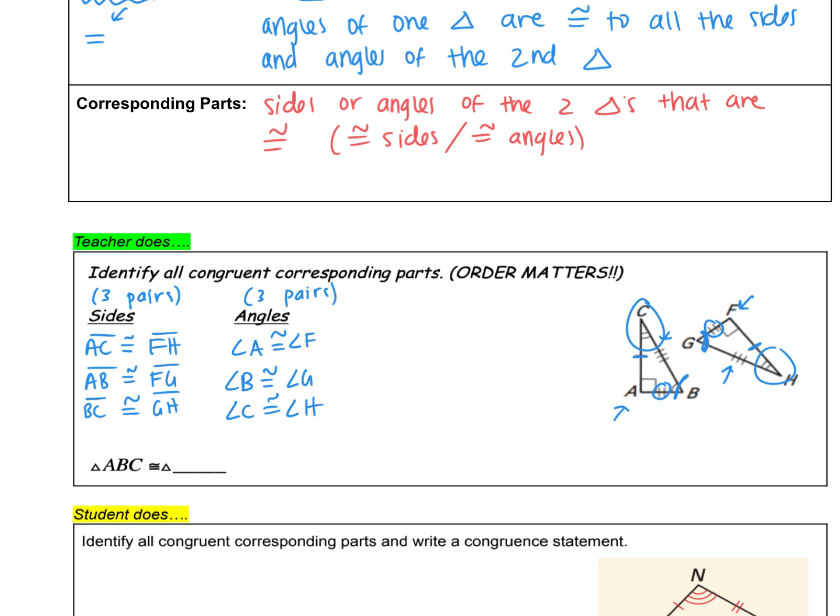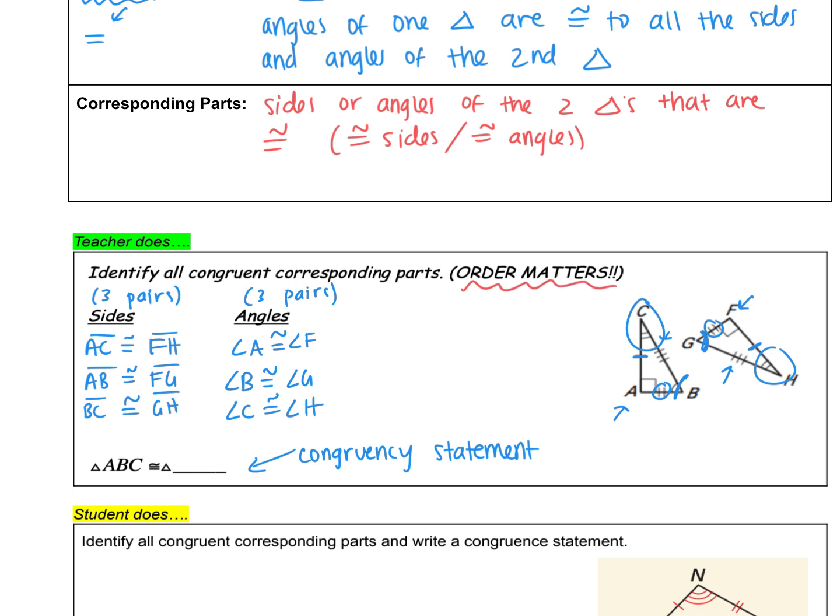So now that we've shown all the sides are congruent, all the angles are congruent, now we know the triangles are congruent. And so what this bottom piece is called is this is called the congruency statement. And so triangle ABC is congruent to the other triangle. The order, though, is very important.